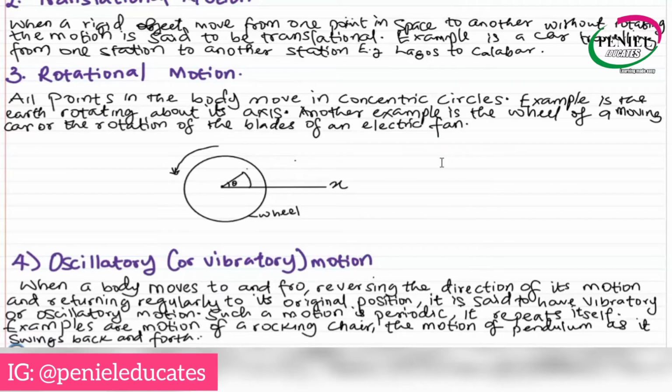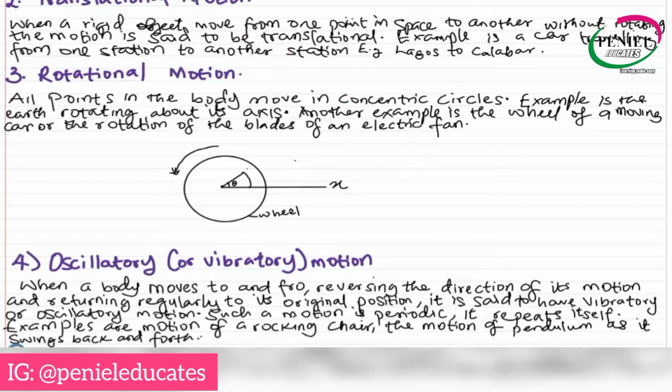An example is the wheel of a car that is moving. The centers of these circles all lie on a line called the axis of rotation.